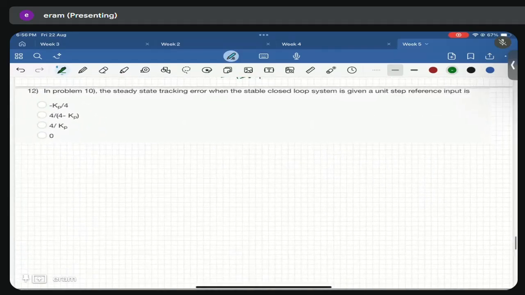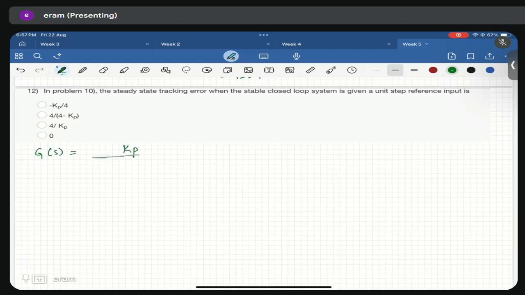Now for the previous problem, what is the steady state tracking error when the stable closed loop system is given a unit step reference input? For the previous question, we are now providing a unit step input and we are ensuring that the plant is stable. Let me write G(s) for you.